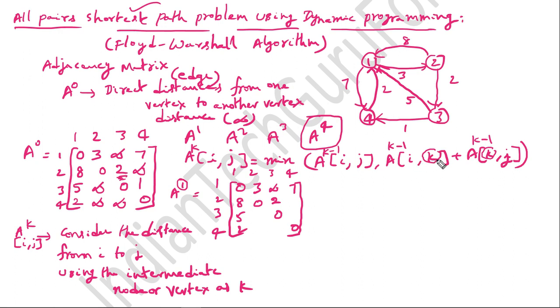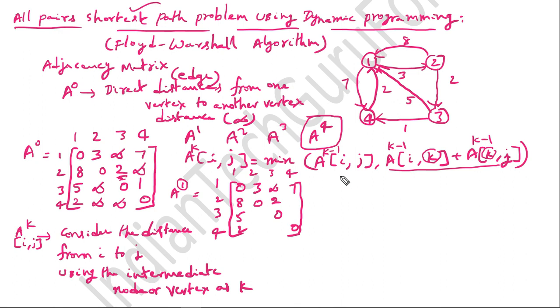If at all there is a path using 1 as intermediate node, then we need to calculate this particular path, but there is no such node, so keep this value as it is. Next, from 2 to 4, we can go through 1: 2 to 1, 1 to 4. 2 to 1 value is 8, 1 to 4 value is 7. 8 plus 7, 15.